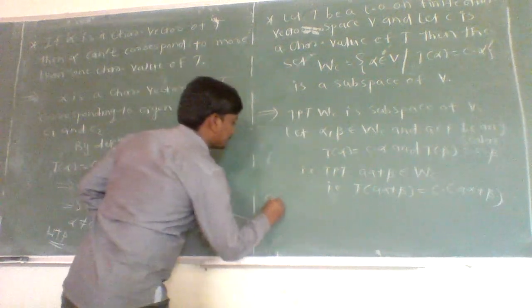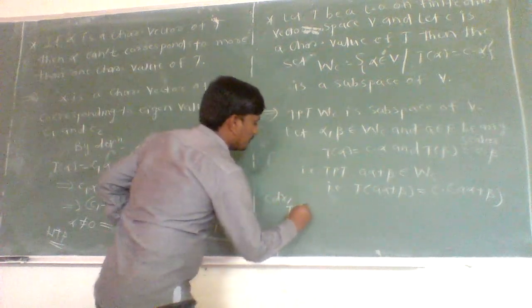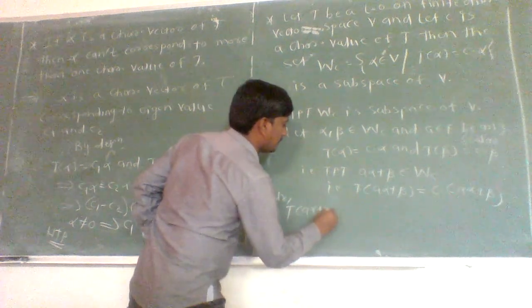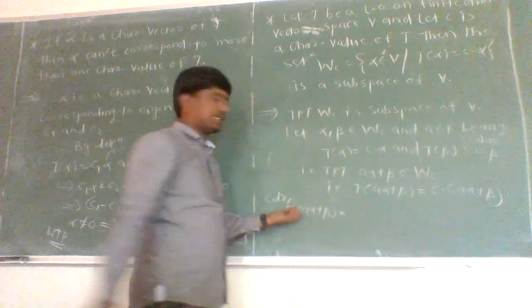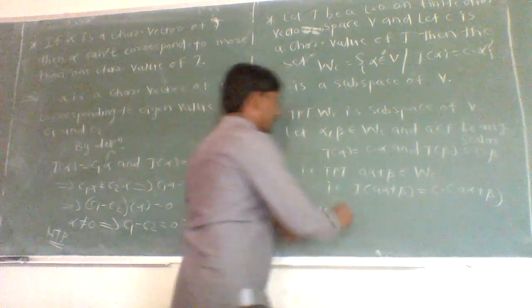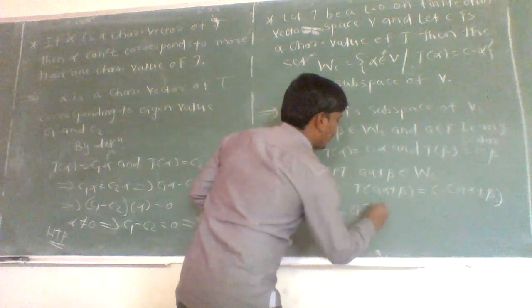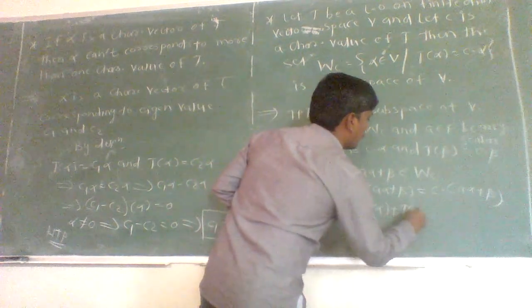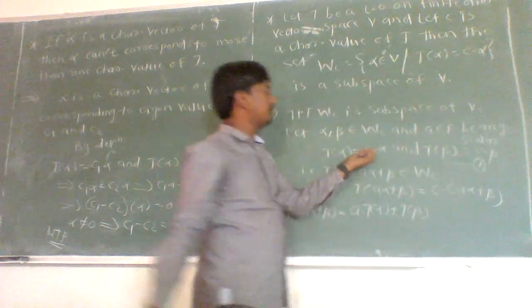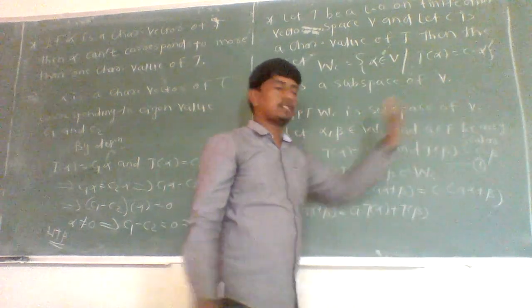Now consider T of A alpha plus beta. As T is a linear operator, T of A alpha plus beta is nothing but A into T of alpha plus T of beta. But from equation 1, T of alpha is C into alpha and T of beta is C into beta.